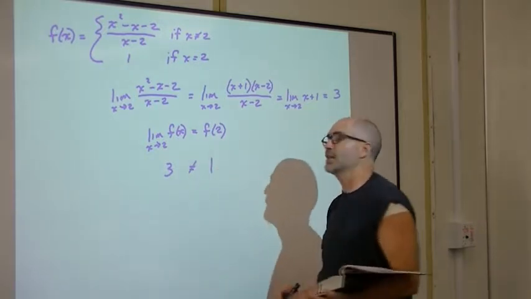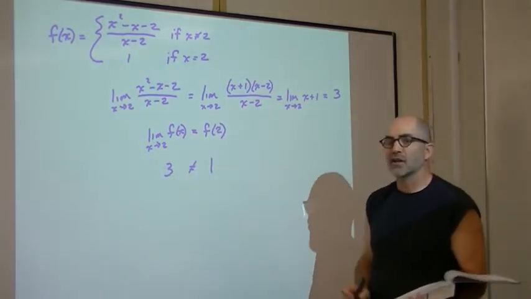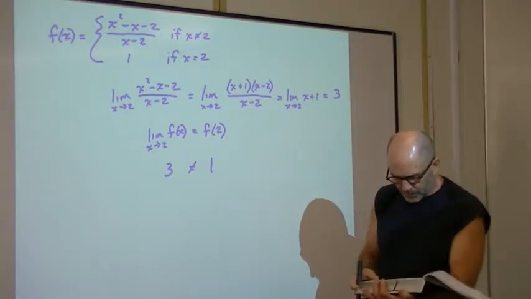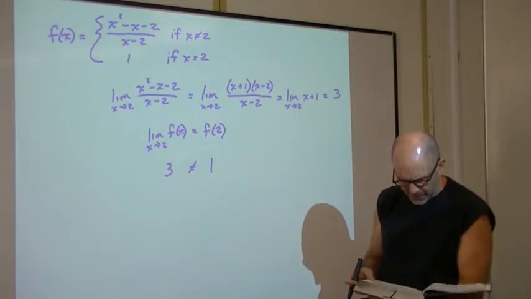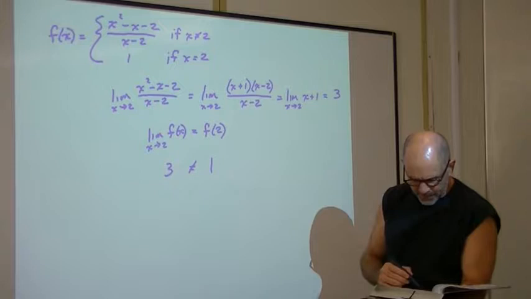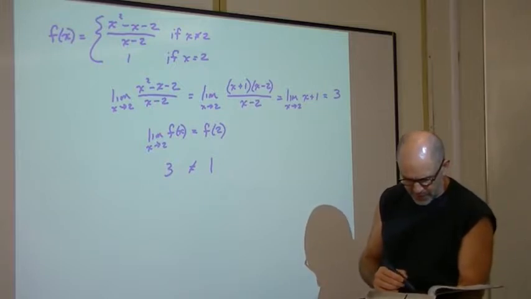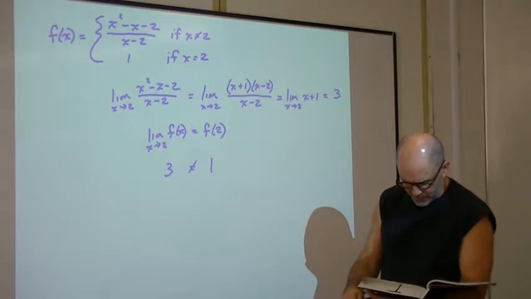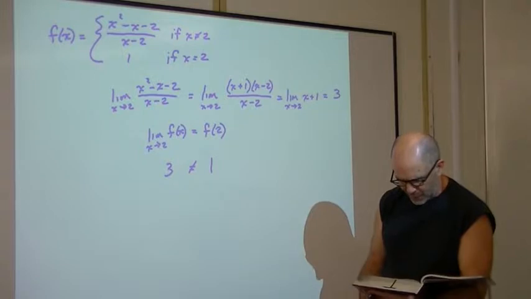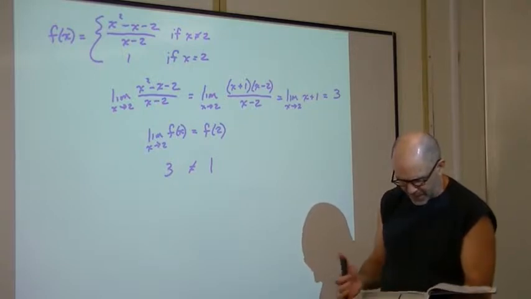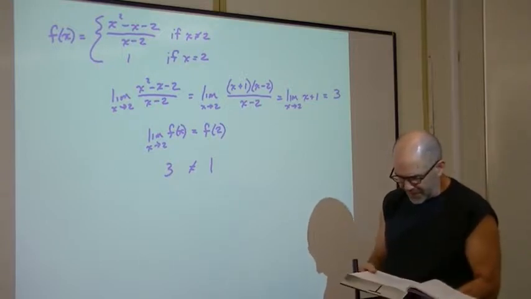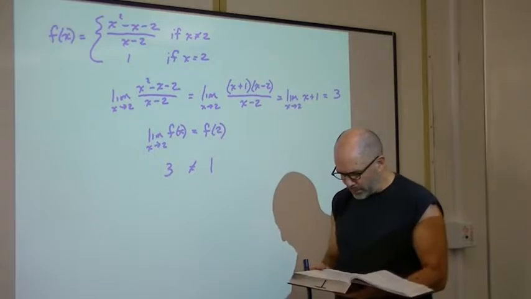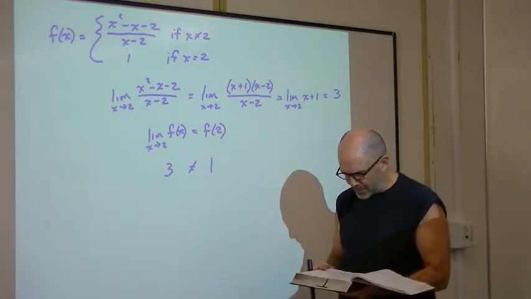Since 3 does not equal 1, we have discontinuity once again. If you look at the bottom, you'll see the graphs of these. Example A is just a hole there, not defined at x equals 2. Example B has infinite discontinuity, so even though the function is defined at x equals 0, there's no way that's continuous. And in example C, you see that the hole doesn't match up with the point.